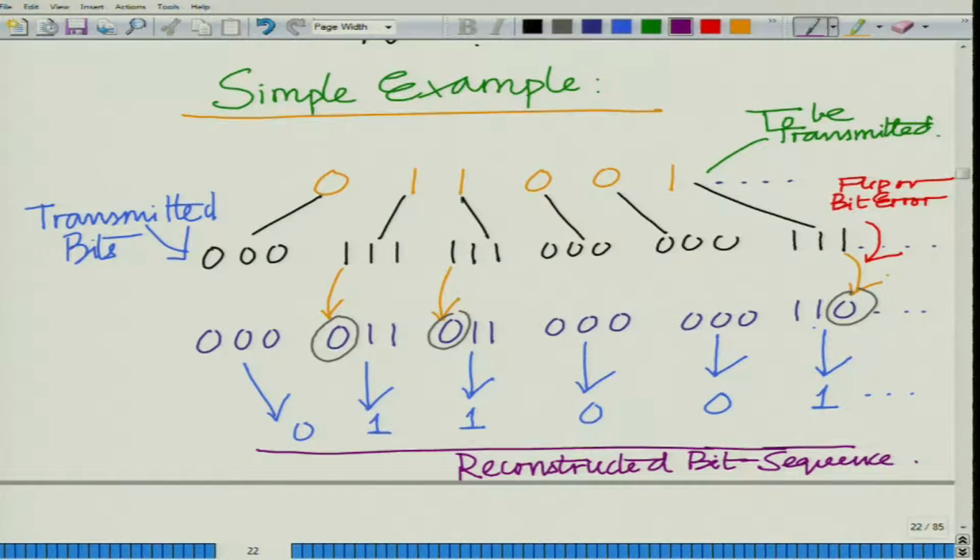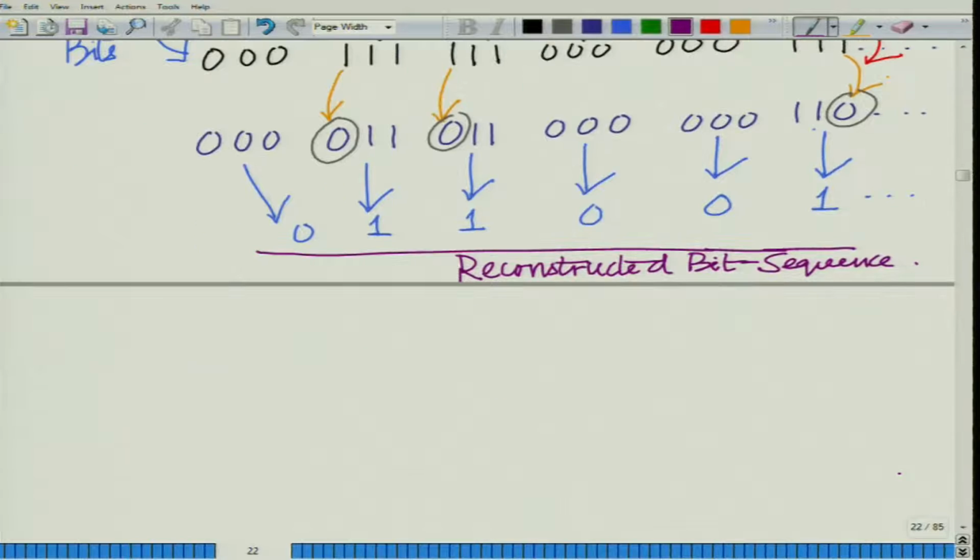So now you can say that, despite the errors, the reconstructed bit sequence is identical to the transmitted bit sequence. We have recovered, in principle, of course, there are a lot of problems with what I have talked about.